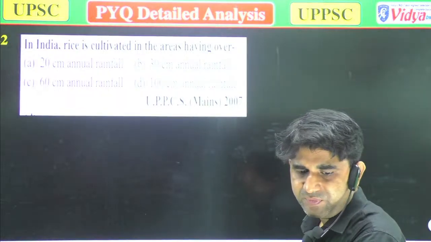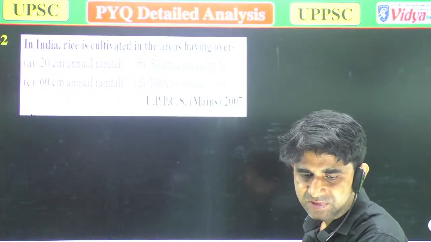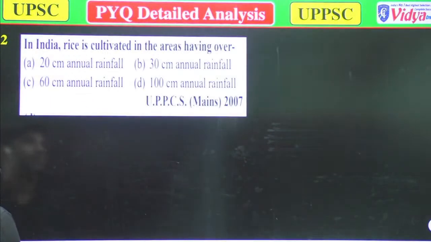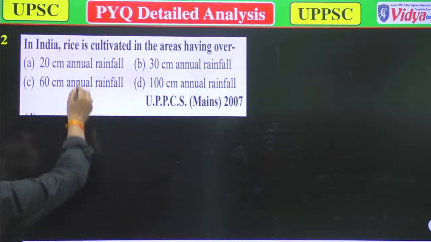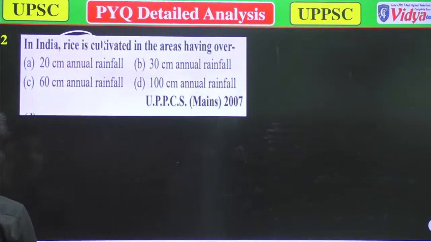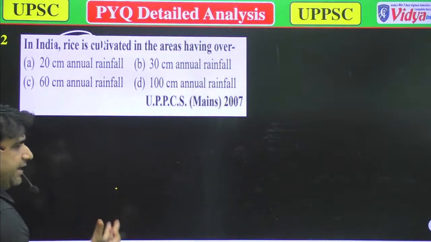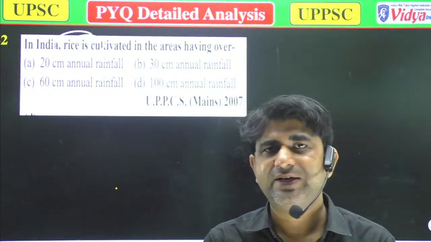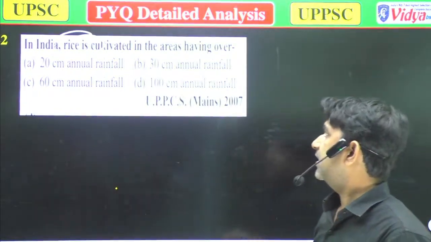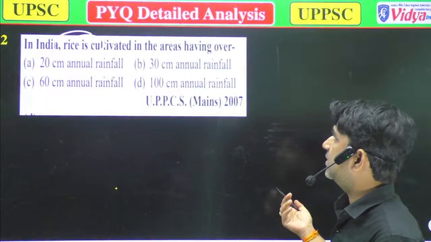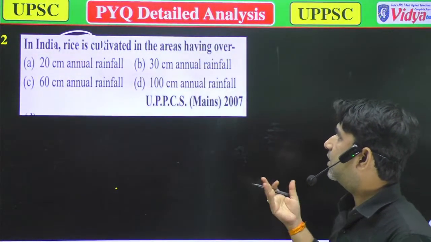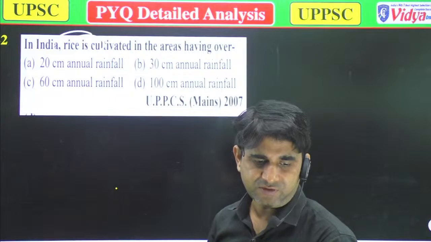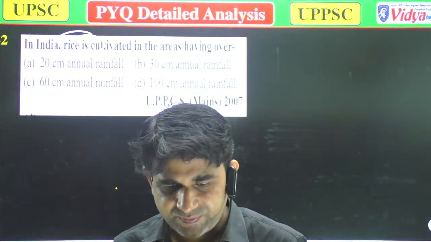Now you have to say which of the following is correct, because when we talk about rice, as you know, rice needs maximum water. If you know this concept, you can tackle the correct answer, because in India, rice is mainly cultivated in the areas having over 100 centimeter annual rainfall, maximum in these areas.